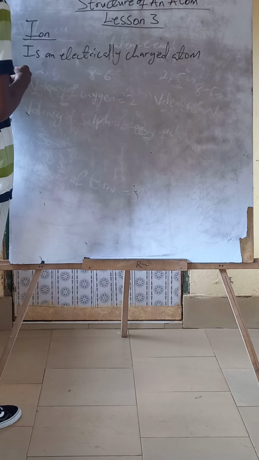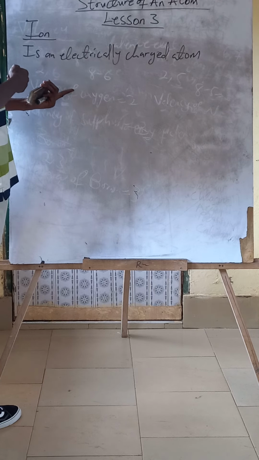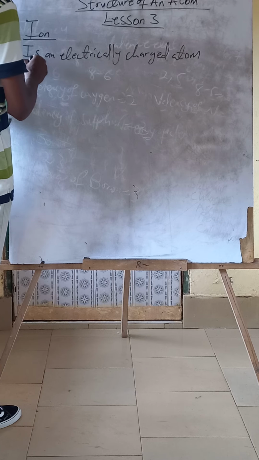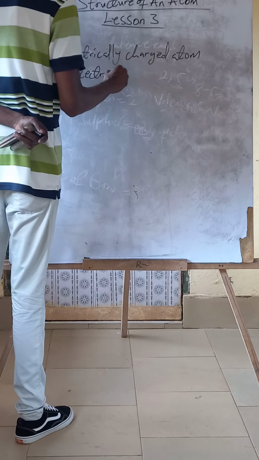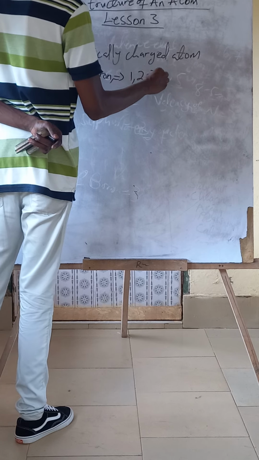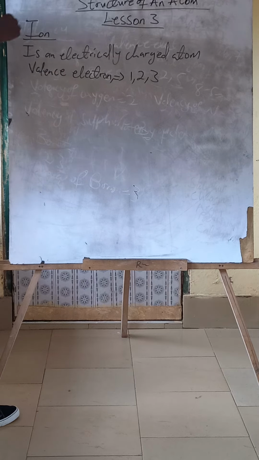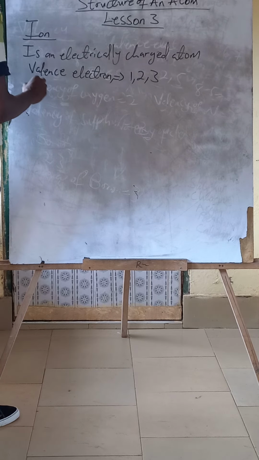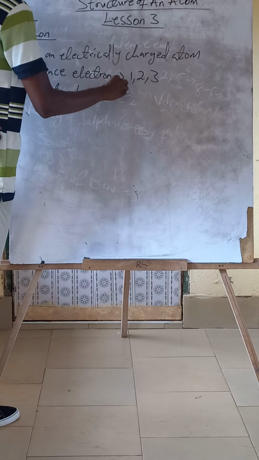When the valence electron is 1, 2, or 3, it means that for that element, it will lose an electron before it becomes an ion.